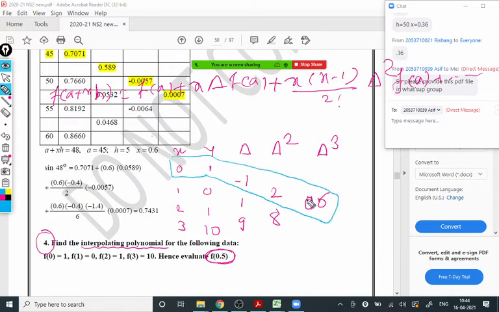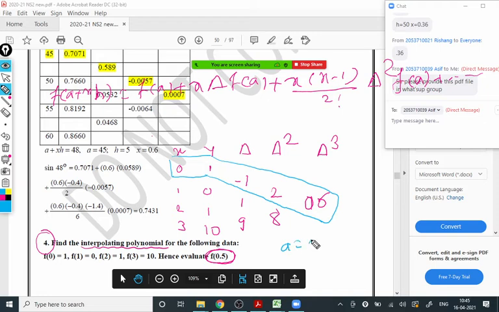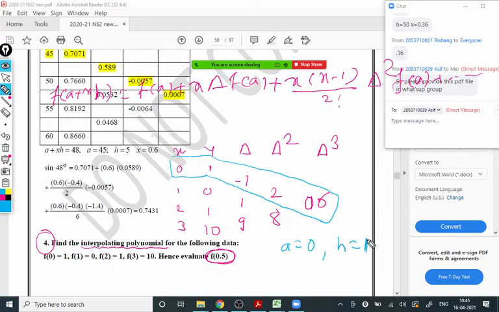A is equal to 0. What is h? H is 1. And that value is only what we have to replace because we want f(x) first. If you replace a by 0 and h by 1, this equation will become f(x) equal to, what is f of a? F of a is 1, plus x as it is.